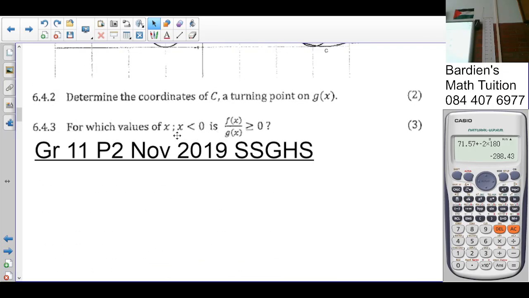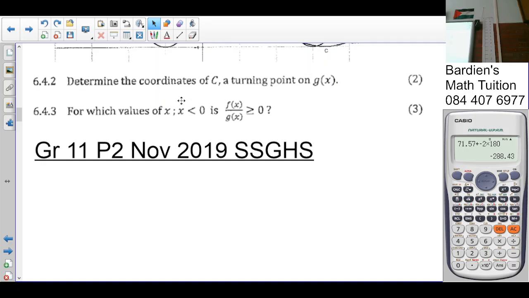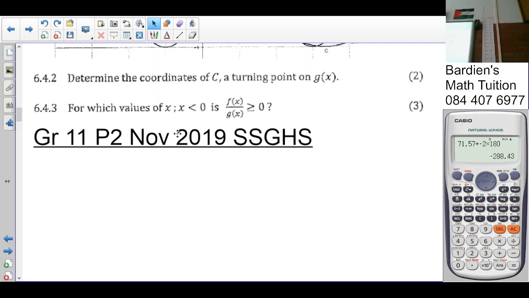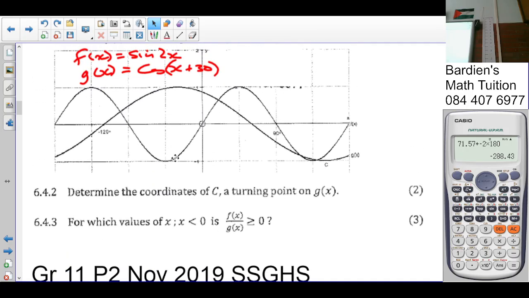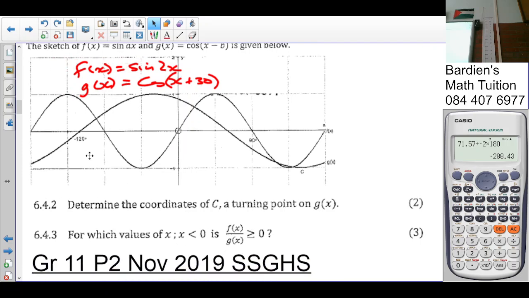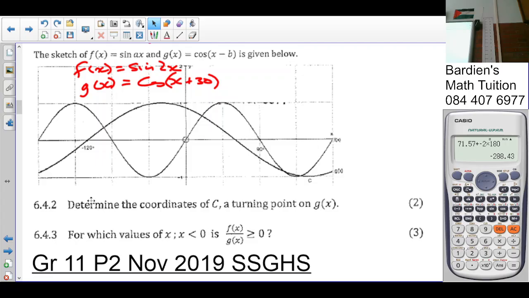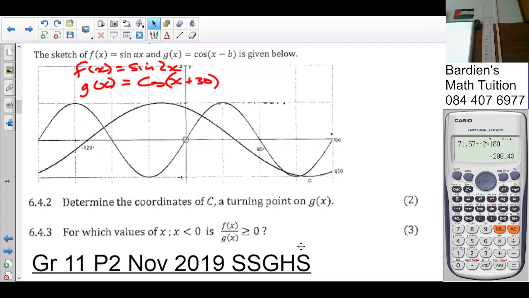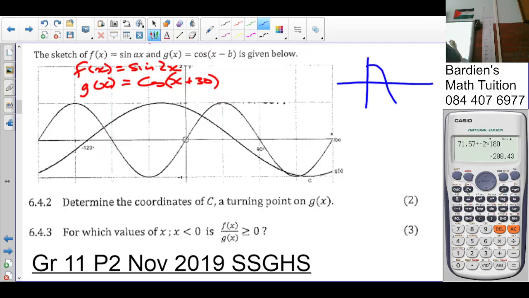Then some exciting questions here, for those of you who did it. Okay. So here we are told to determine the coordinates of C, the turning point of g of x. So now you see the turning point of the g of x graph would have happened at 180 degrees and negative 1.